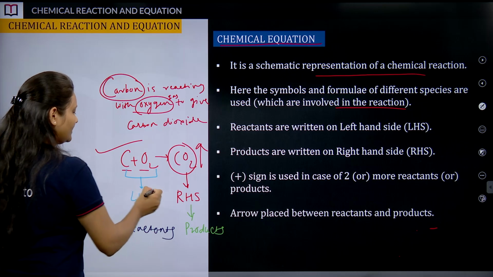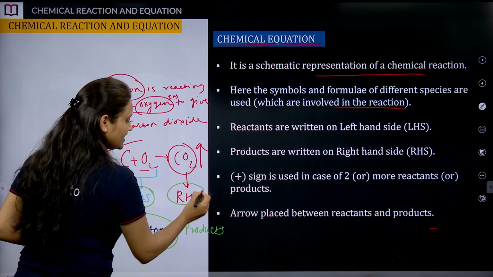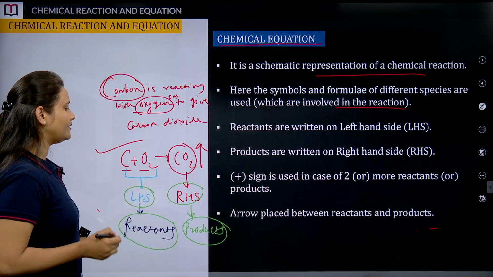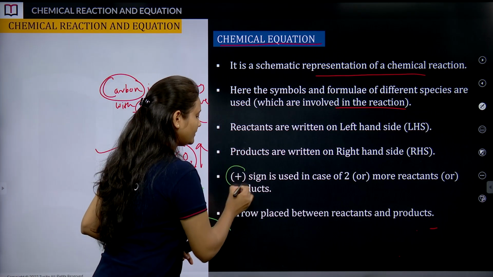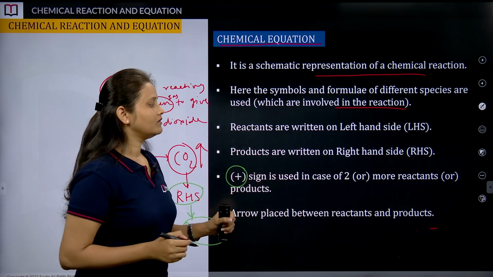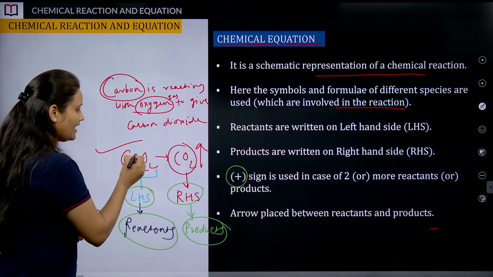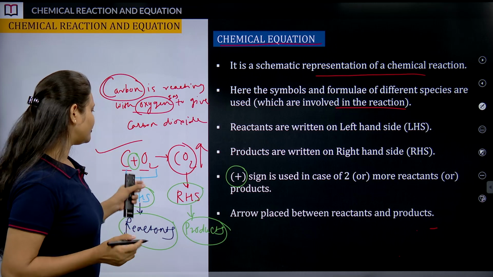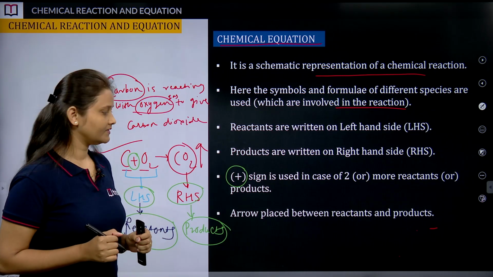So on the left hand side we have reactants, on the right hand side we have products. That's how a chemical reaction looks. There is one very important thing I already talked about: the plus sign is used when two or more reactants react and give you a product. So that shows carbon and oxygen are both reacting with each other to give you carbon dioxide.